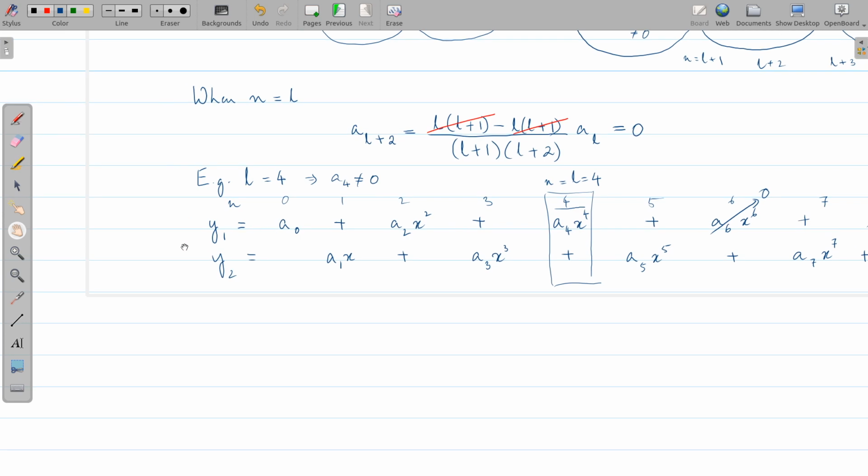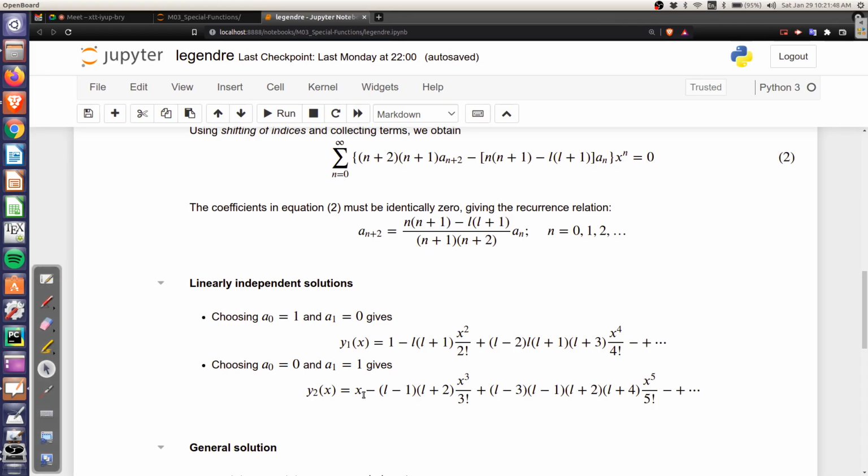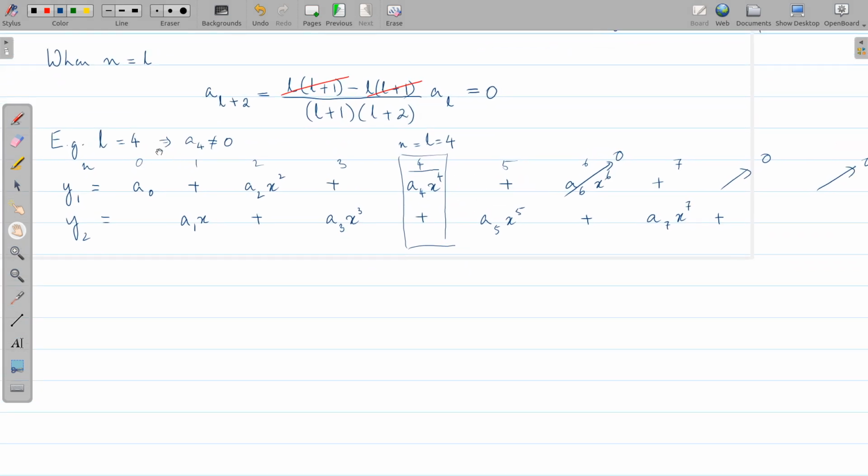So as a result, what happens is, earlier y1 and y2 were both infinite series, right? You can see here y1 and y2 were both infinite series. But when L takes integer values and the moment n is equal to L, what has happened in this case? Immediately y1 is no longer an infinite series.